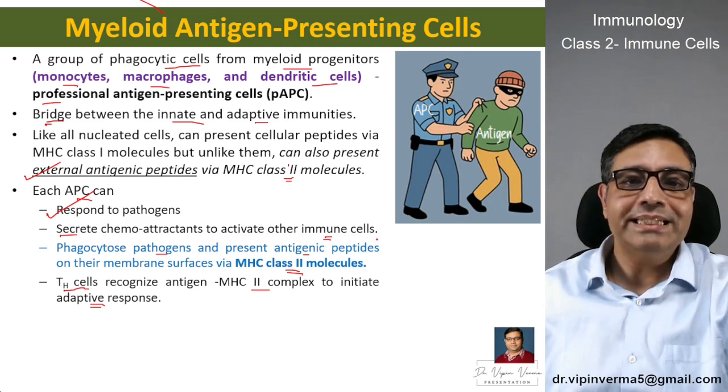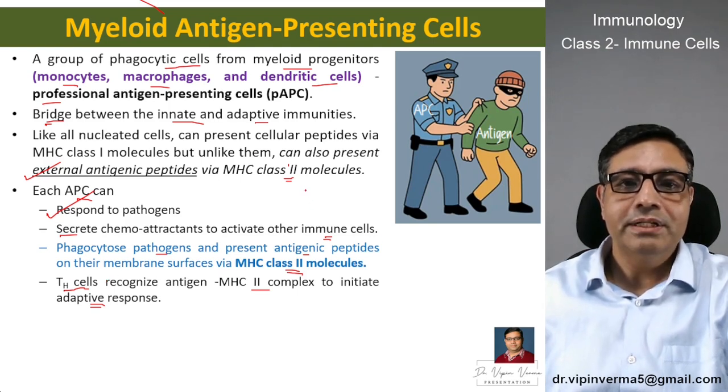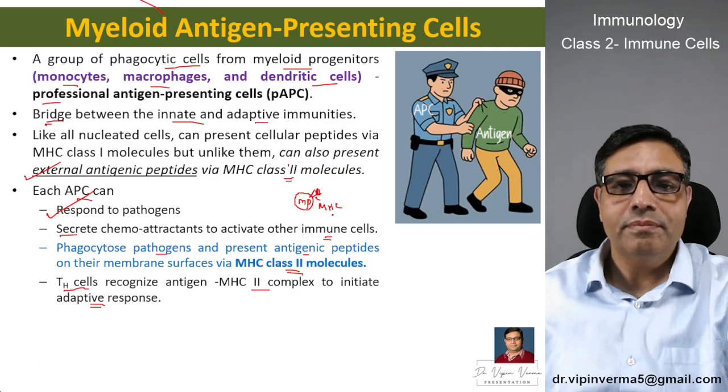So for example, suppose this is the cell, suppose this is the macrophage, and this macrophage displays an antigen here, and this is MHC2, and this is the antigen. Now we have the T cells. This is the T helper cell.